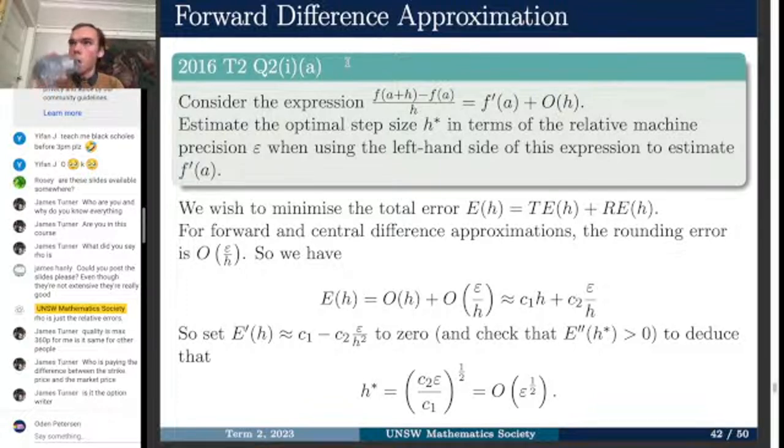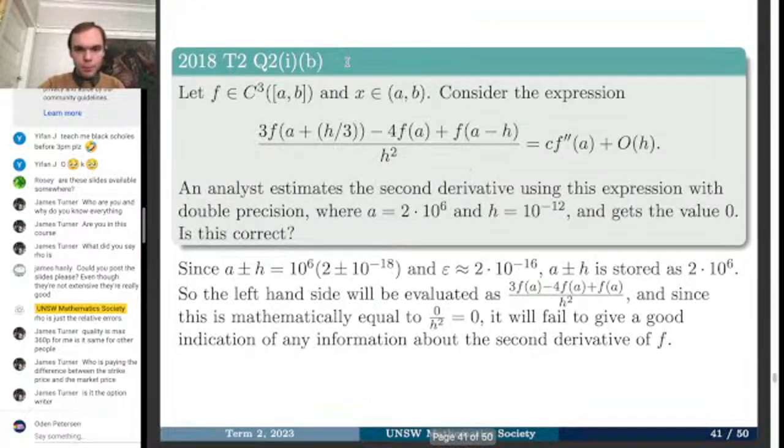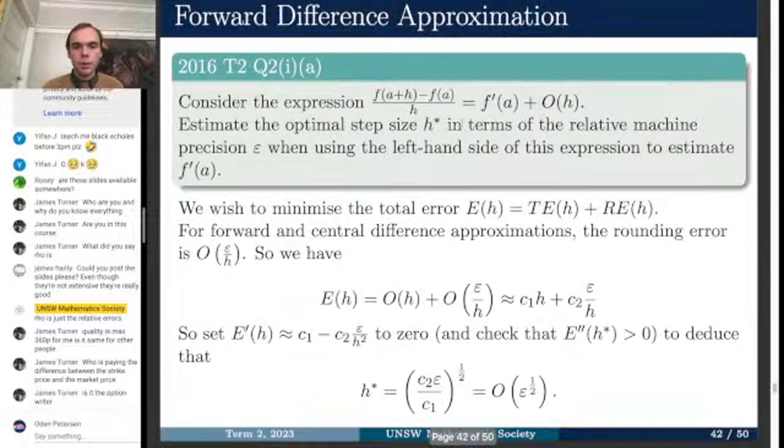Yeah, so I guess this previous expression was a bit funky. This one is a bit more reasonable in practice, I guess. So we're trying to approximate the first derivative of a function at a value.